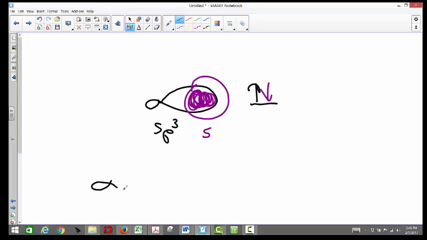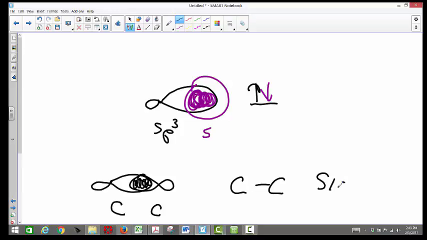So I might have an sp3 here from 1 carbon and another sp3 here from another carbon, and again that overlap. So that might be a carbon-carbon bond like that. Okay? These are called sigma bonds. This head-to-head overlap, where at least one of the orbitals in the bond is a hybridized orbital, that's a sigma bond.